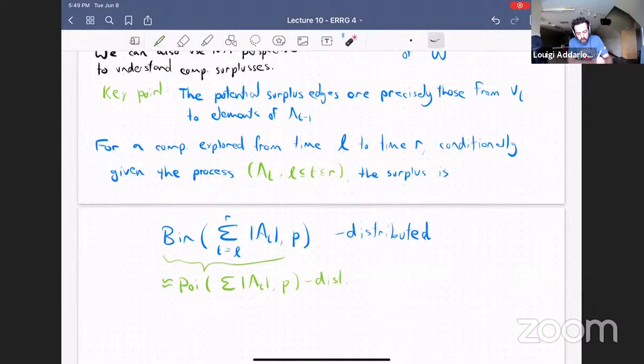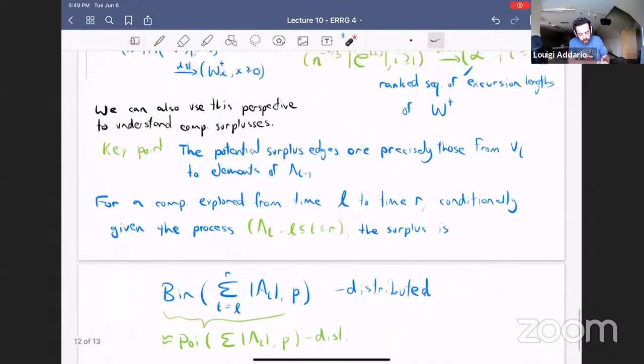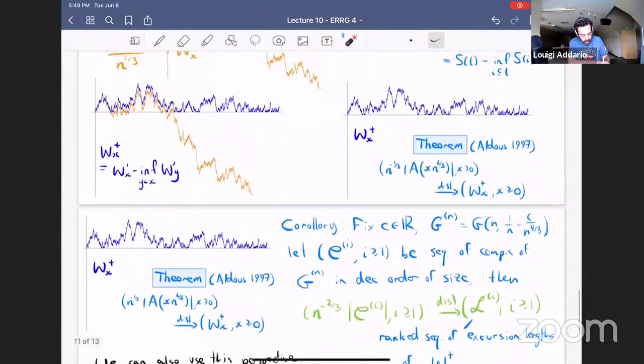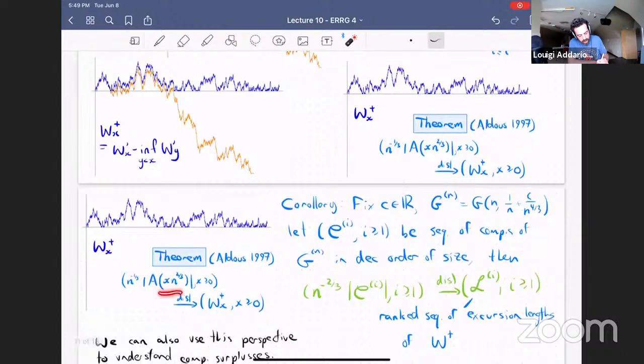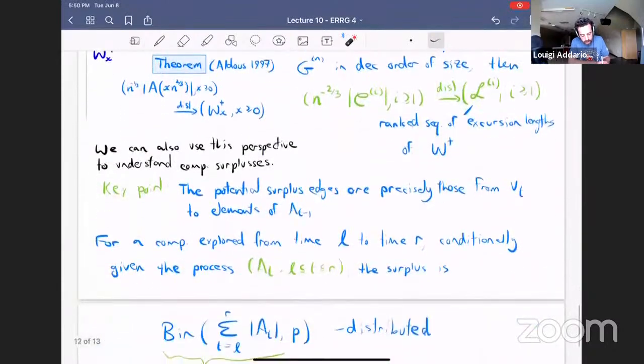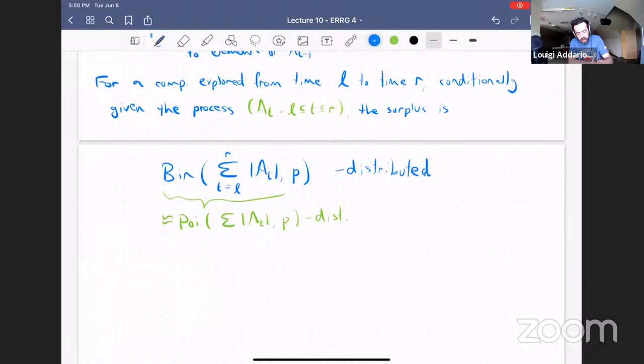The reason it's nice to use this approximation now is because if we remind ourselves of the scaling for this process A, these excursions had lengths of order n^(2/3) and heights of order n^(1/3). So the total discrete area under them is of order n. And when the probabilities are of order 1/n, we expect a Poisson number of surplus edges with constant mean. This was also part of the story developed by David Aldous.